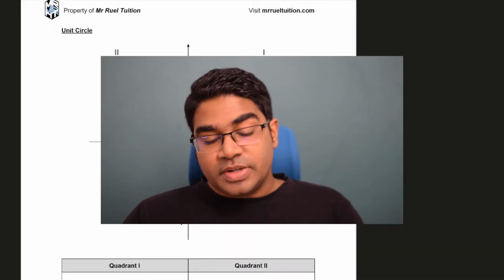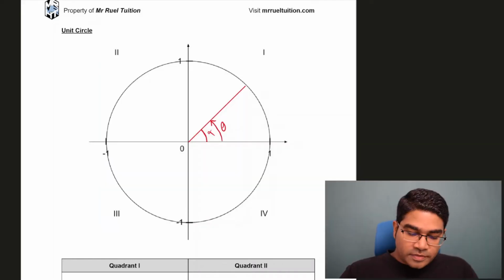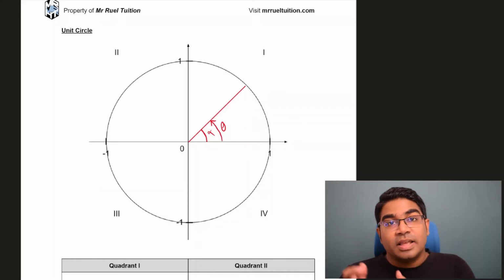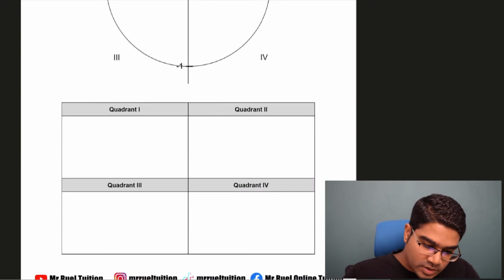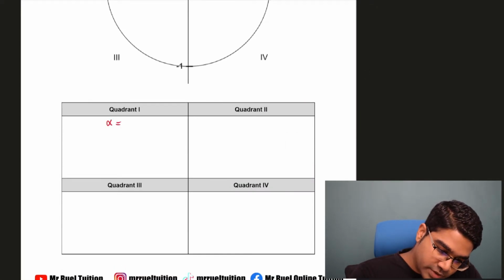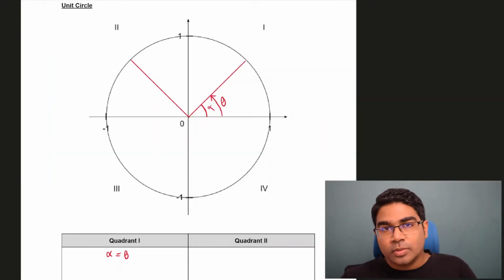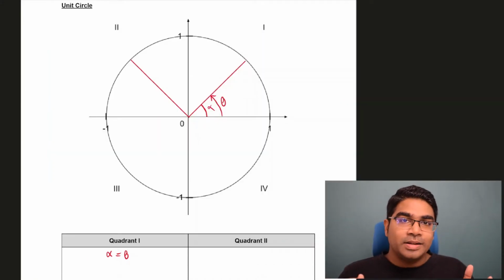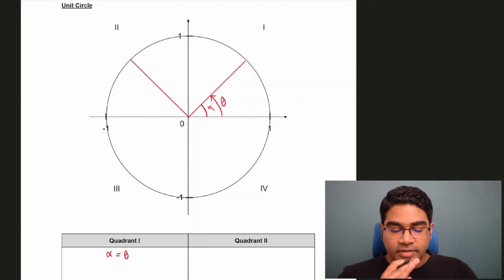So from the positive x-axis to the line, this is theta. Let's look at the relationship between alpha and theta. For the first quadrant, alpha is the same as theta. Alpha equals theta in the first quadrant. Let's look at the second quadrant. Alpha is the acute angle between the line and the x-axis.